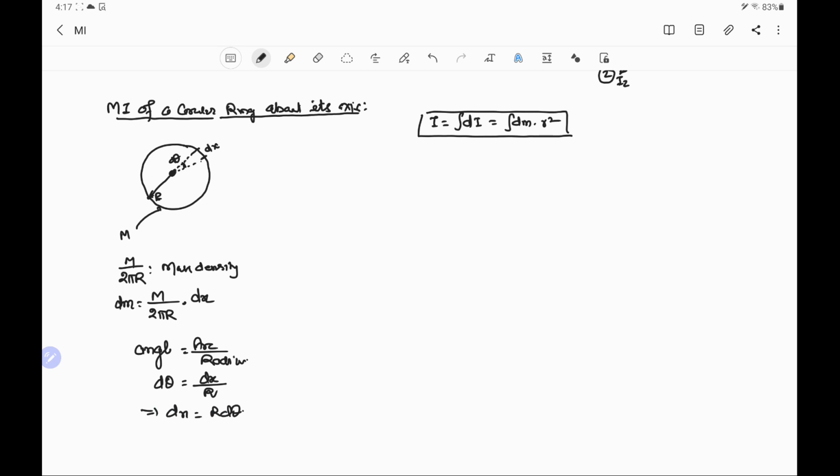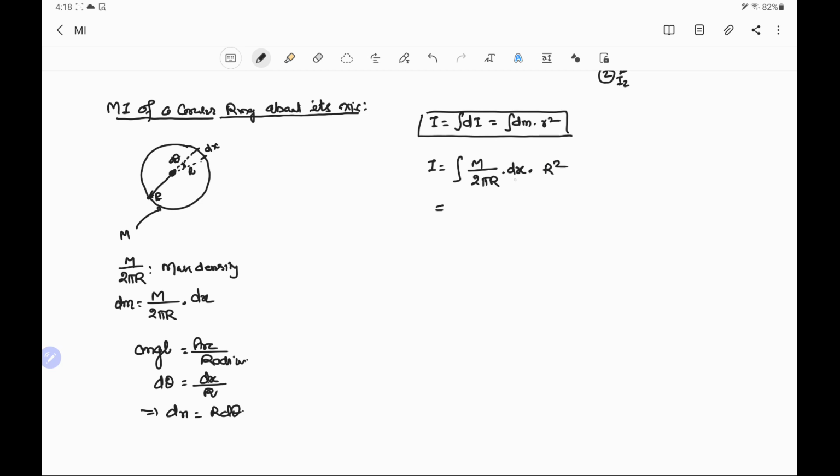Using these formulas, we solve the integral. We put the value of dm, this is m upon 2 pi r into dx, then r square. This is the radius, that is r square.